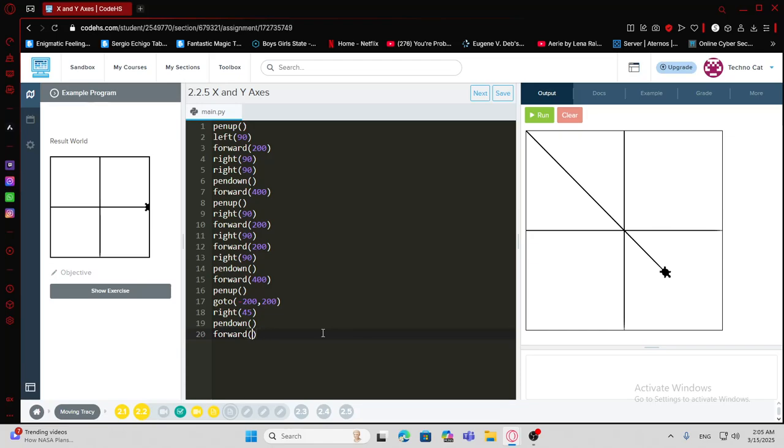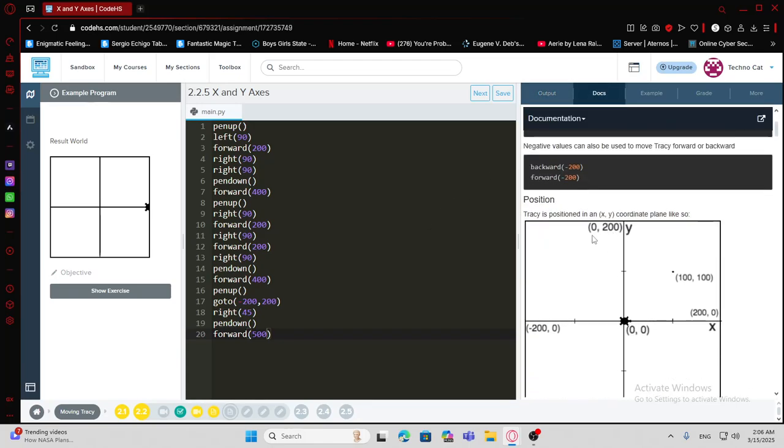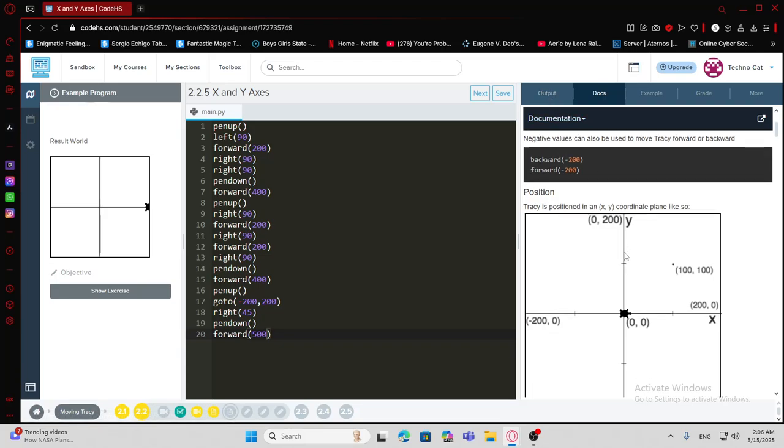I thought the whole square was like. Oh, wait. I thought the whole square was like. What? I think I might be putting Tracy a little bit. No, that's fine. Negative 200, 200. And then.